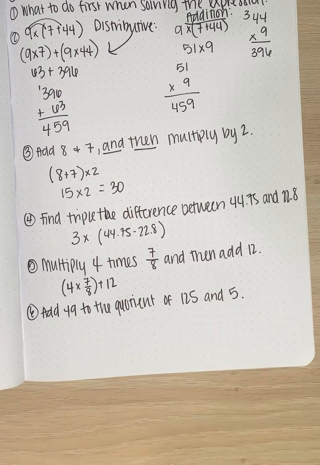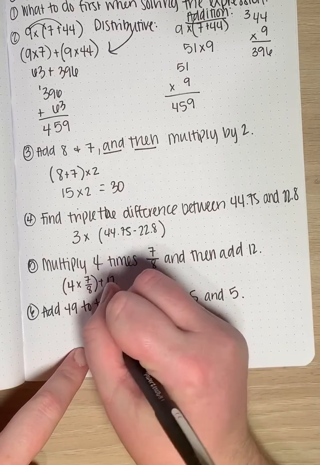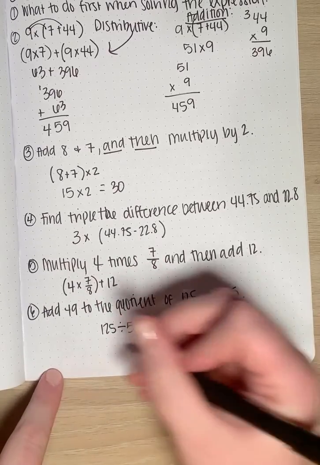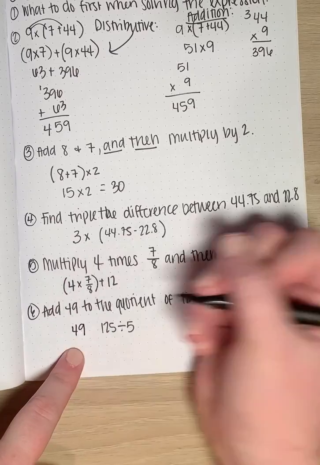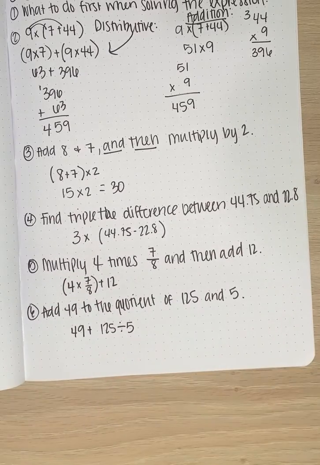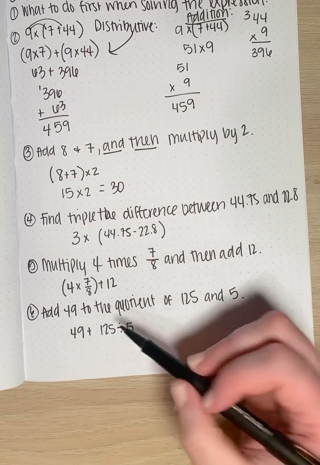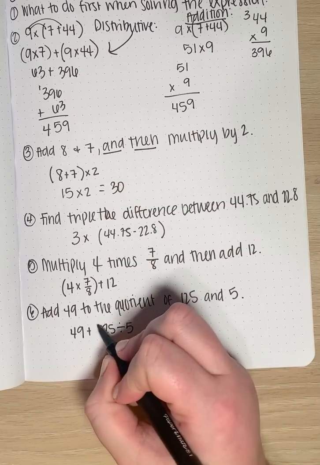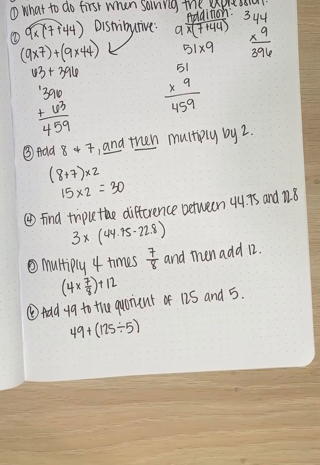So we know that we're going to be dividing 125 by 5, and then I'll be adding 49. Again, because of PEMDAS, I know that my division would come before adding the 49. So you can add the parentheses or not, up to you. All right. Let me know if you have any questions.